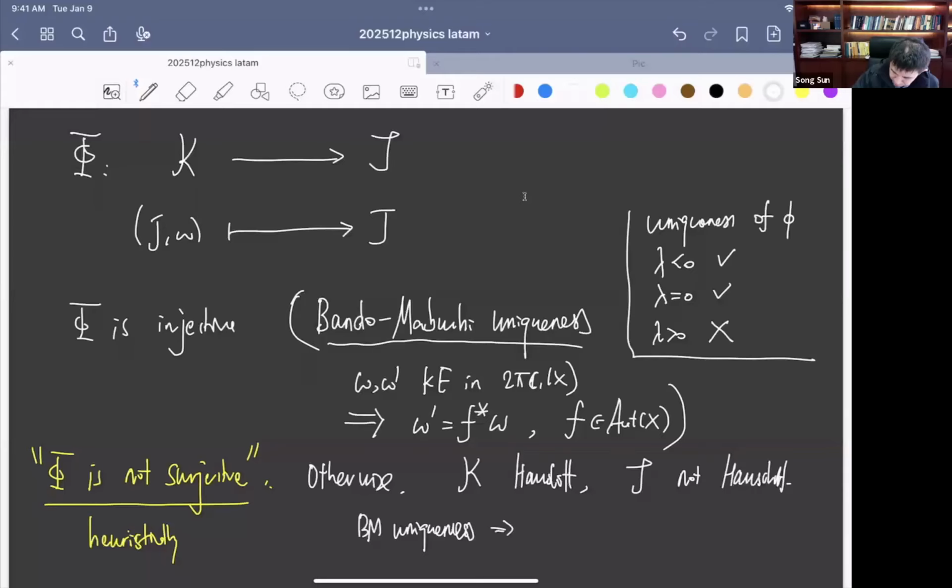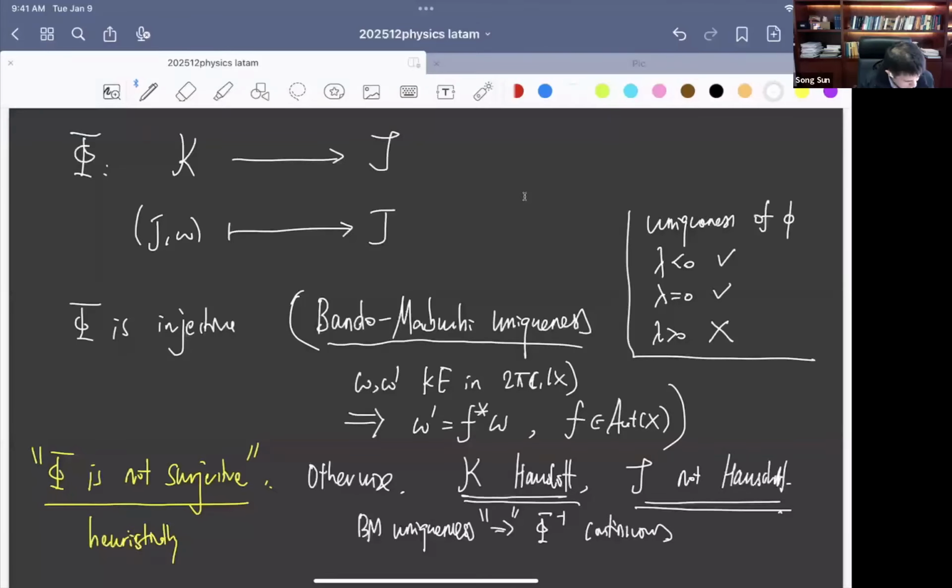It implies φ inverse is also continuous, so φ is a homeomorphism. But a Hausdorff space cannot be homeomorphic to a non-Hausdorff space.